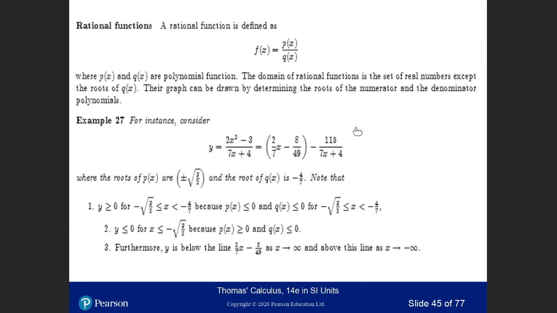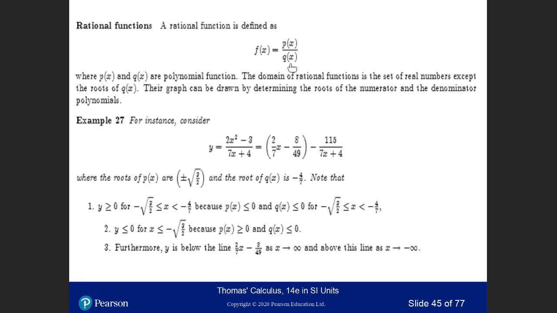Okay, another class is rational functions. A rational function is a ratio of two polynomials, p of x and q of x. Now, the domain of these functions is the whole set of real numbers, except the roots of q of x.